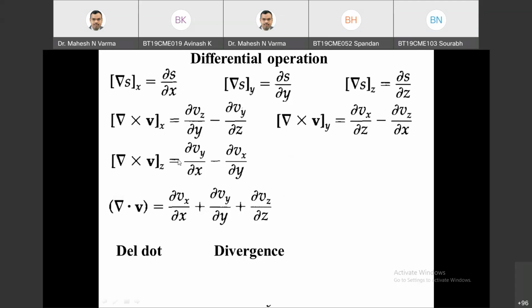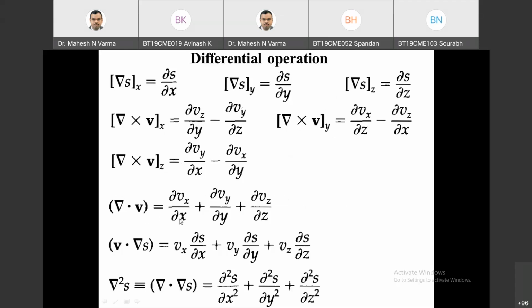And then some more divergence, this divergence of a vector. Here we are discussing, it can be any divergence of any property. Then the vector cross and scalar multiplication of the del operator, how it is operated. If you are very much interested, you can go to the appendix, where all the mathematical details related to these del operators are given.